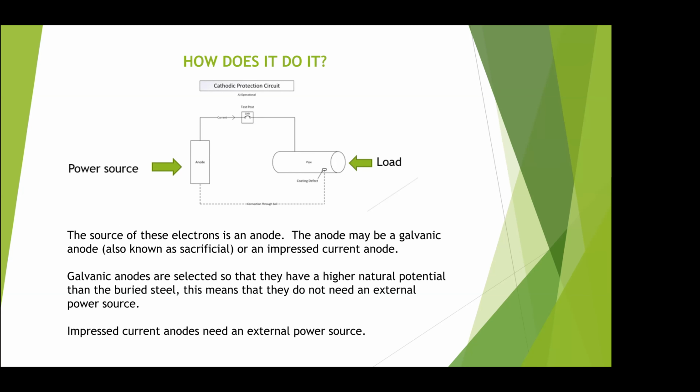And we form in the ground what we call potential gradients, because this anode here has a certain voltage on it. It either comes from an external source, which we'll discuss later, or it naturally exists because the anode is a special type which sits at a higher voltage than this. If you put a piece of steel in the ground, we know roughly what its potential is, what its measurement or its energy levels are.